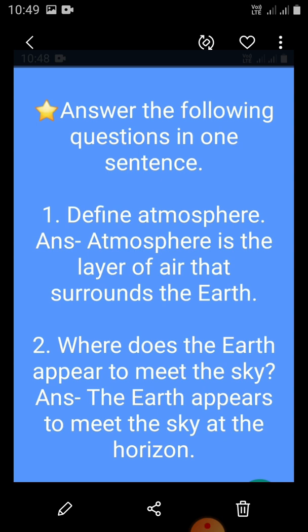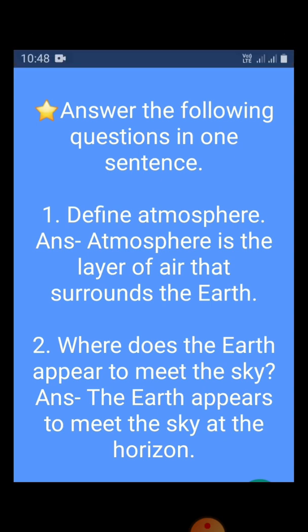Next question. Where does the earth appear to meet the sky? Answer: the earth appears to meet the sky at the far end.